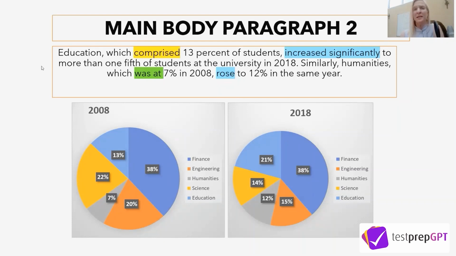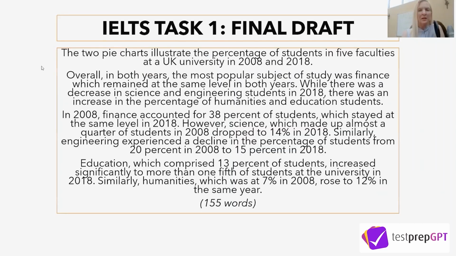So here you can see, again, I've used a lot of useful language like increased, significantly, an adverb, also similarly, and rose. So those are all useful expressions that you can use in this type of writing task.